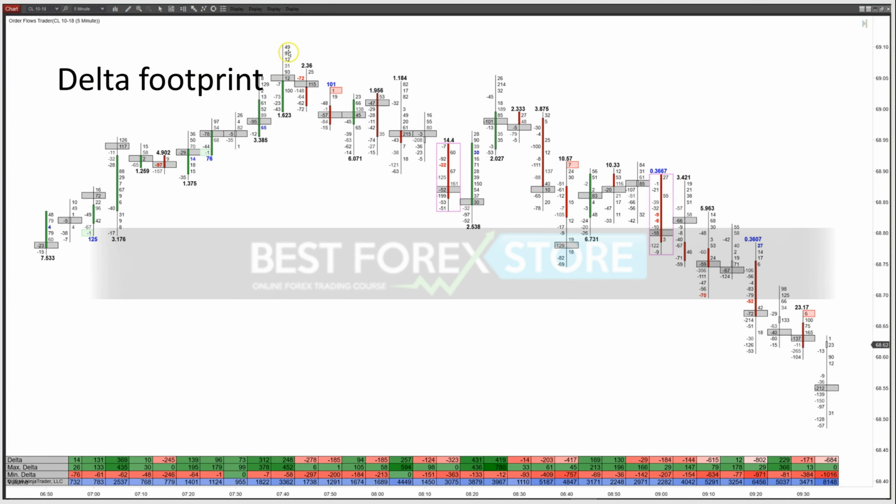So you can see there's positive numbers on the right hand side and negative numbers on the left hand side. Now you still have your bar, your green candle, your red candle for your normal price action in the bar. But if it's a positive number on the right hand side, it tells you at that price level there was positive delta.